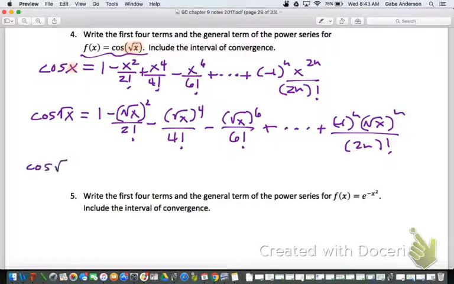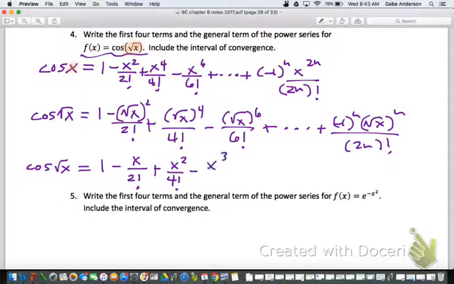So cosine of root x would equal 1 minus, this would just be x over 2 factorial, minus x squared over 4 factorial. Oops, I made a mistake with my minus signs there, so this would be a plus, sorry, and a plus. There we go.